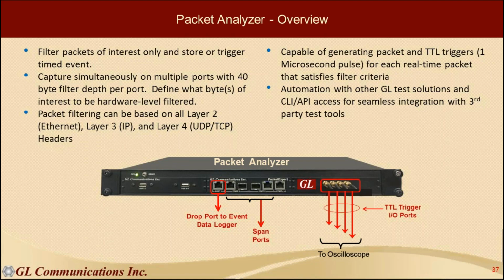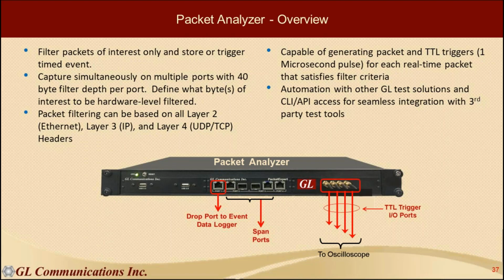That also can trigger a TTL event to come out, and on the right side of the picture it can be sent over to an oscilloscope. In our lab, and some of our customers are doing this, I have measured different events from an analog point in your network to an IP point.